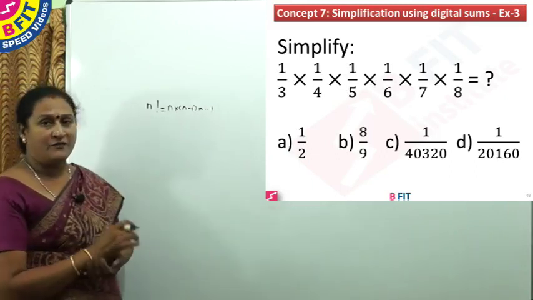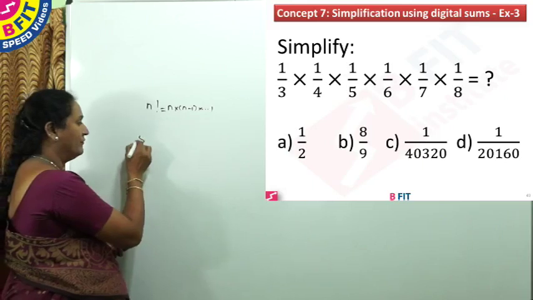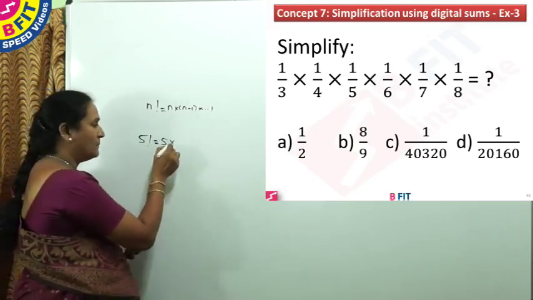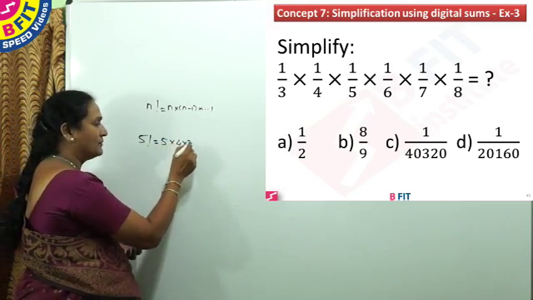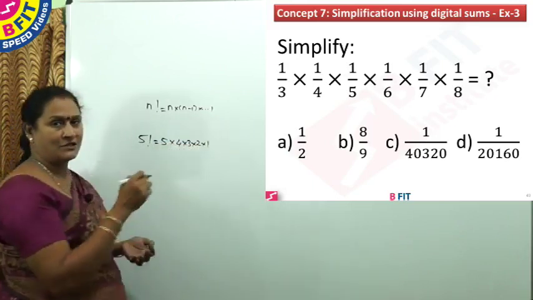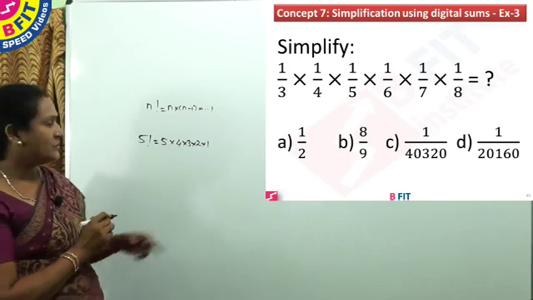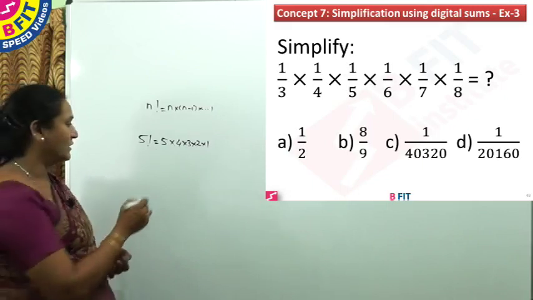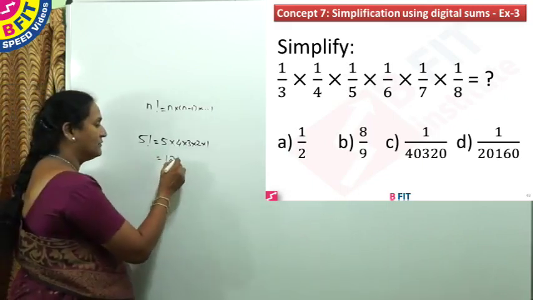Suppose we are finding the factorial of 5. Starting from 5, multiply all the natural numbers up to 1. Multiplying all this, we get the value of 5 factorial. It is 120.